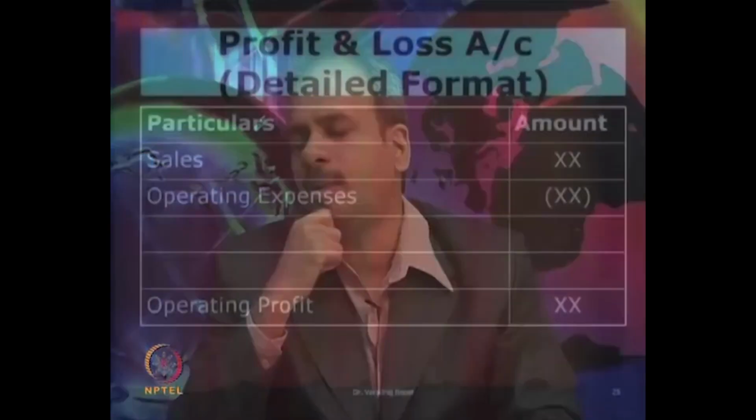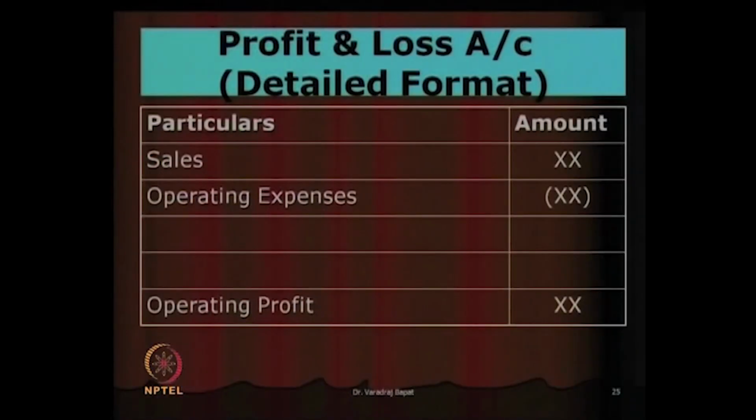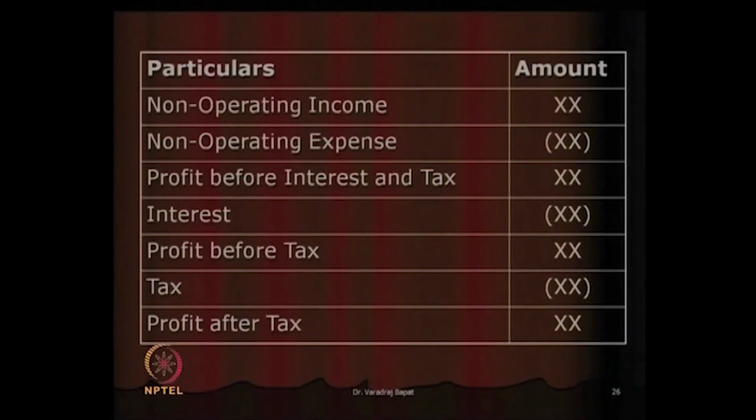So, you can see in the format that from operating profit I adjust non-operating income and expense, I get profit before interest and taxes. Then I reduce interest, I get profit before tax, I reduce tax, I get profit after tax.